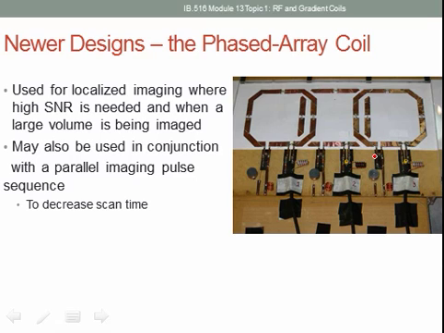Let's say we're going to image a human spine. We could use a very, very large birdcage coil, but again, we have the same problem where a lot of the coil space is not filled up. So instead, what people have done is they've designed a very large surface coil that is an array of small surface coils that can be laid directly onto the spine.